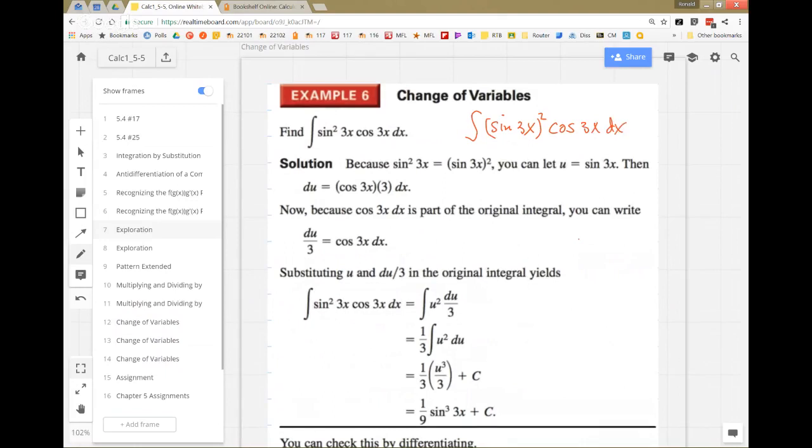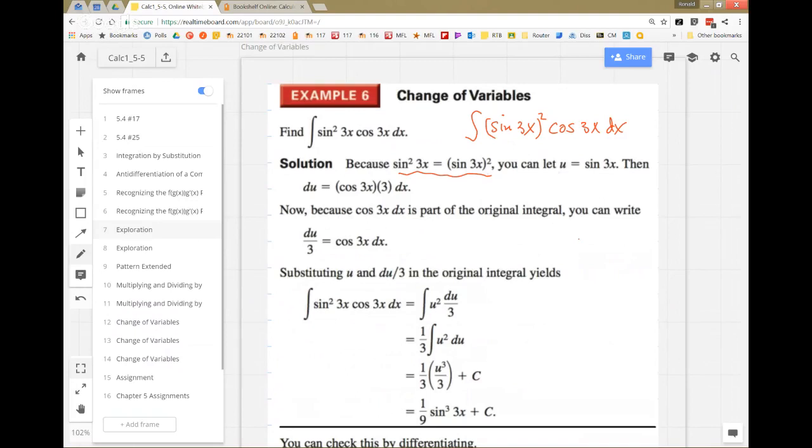It means take the sine of that 3x and square it. The reason I wrote it that way is it helps you see better what's the innermost function. What's the inside thing going on here? It's the sine of 3x. That's what they're trying to tell you right here.